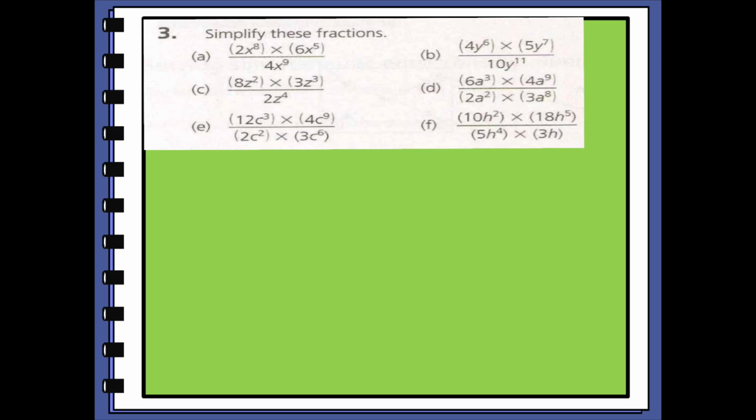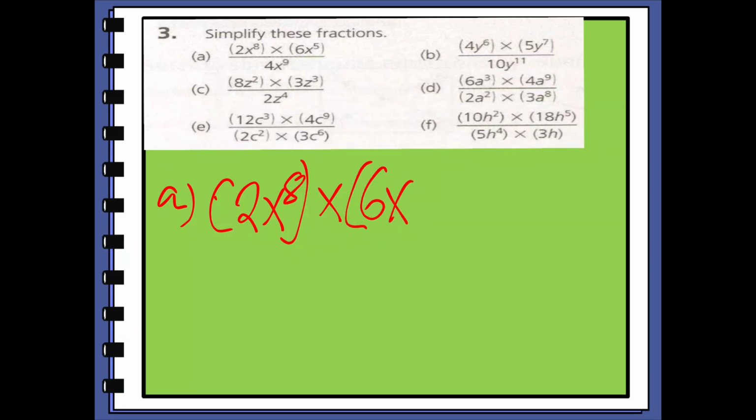Simplify these fractions. Okay, so A says we'll do A, then the rest you can work them out by yourself. So we have 2x to the power 8 times, in brackets, 6x to the power 5 over 4x to the power 9.